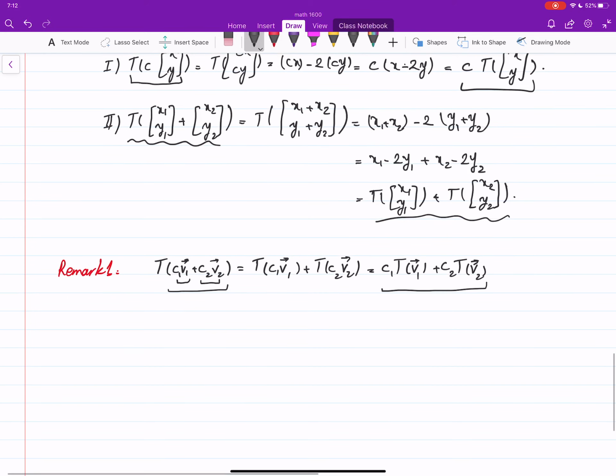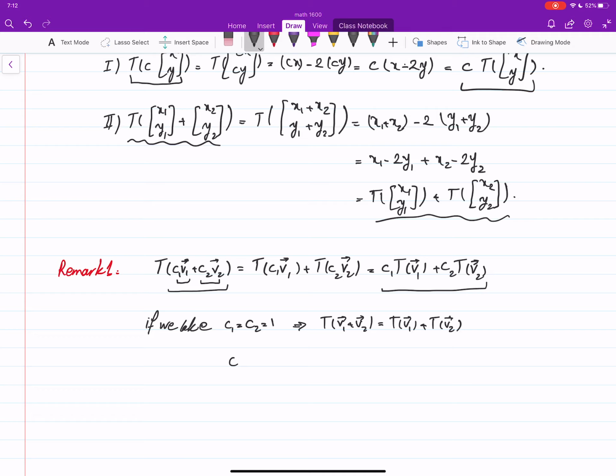And if we take c1 and c2 equal to 1, sending linear combination to linear combination means that T of (v1 plus v2) is equal to T of v1 plus T of v2.